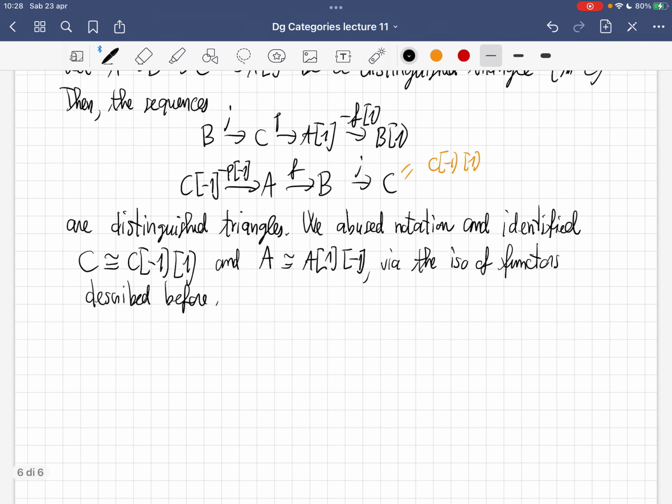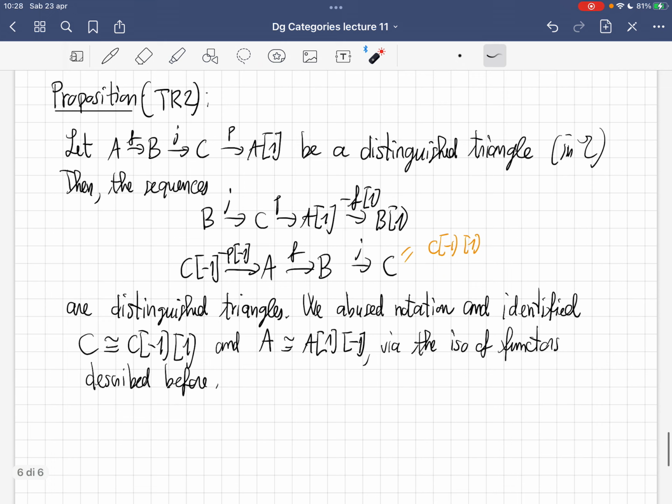With these identifications, this p shifted by minus 1, as I said, p here would be from C minus 1 to A 1 minus 1, but then you view it as an identity, so you identify it with, if you want, the real one composed with this. But it's good for this purpose to think of these isomorphisms as identities.